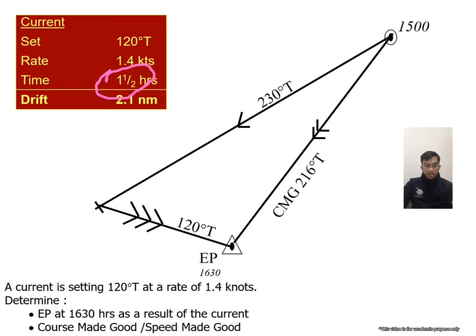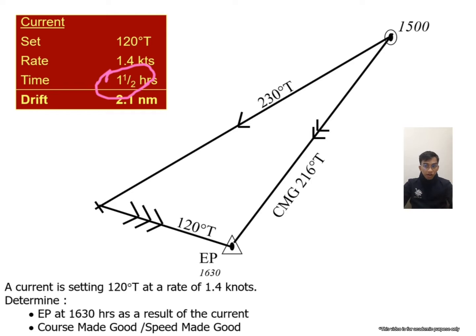Now, from the estimated position triangle, join the 1500 position, and that will give you the course made good and the speed made good over the last 1.5 hours.